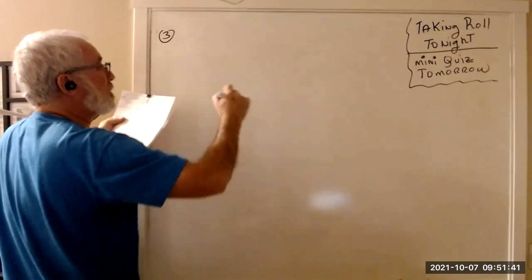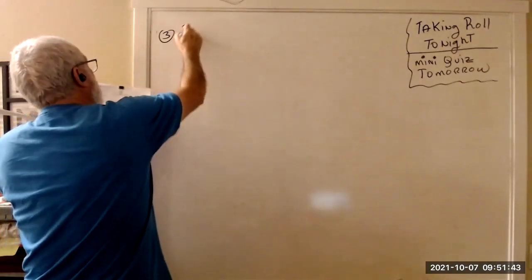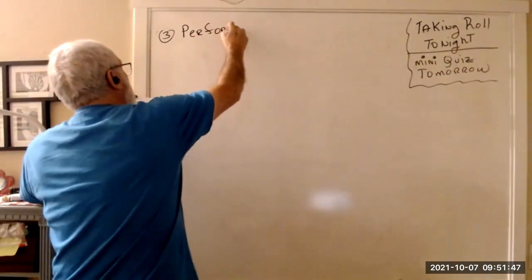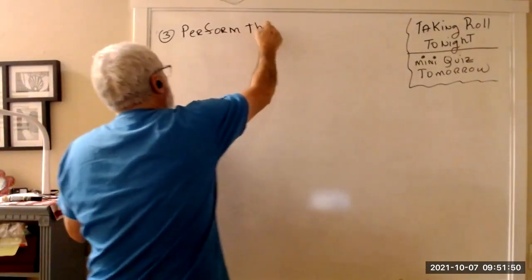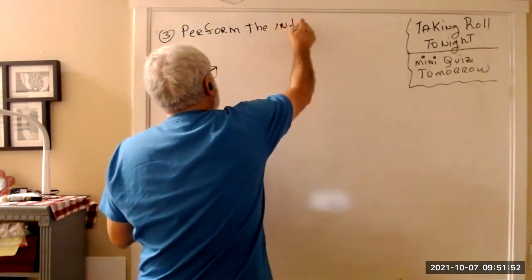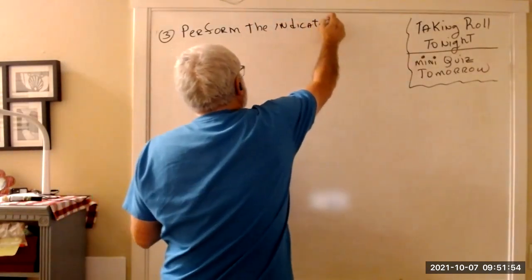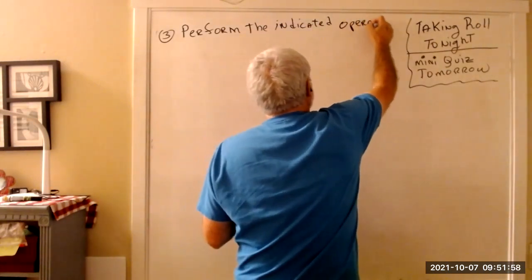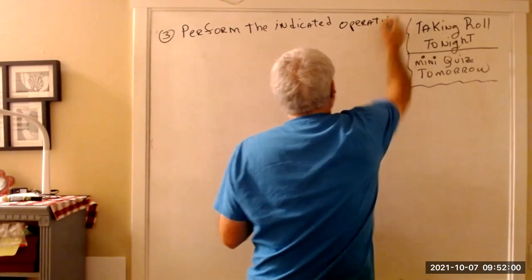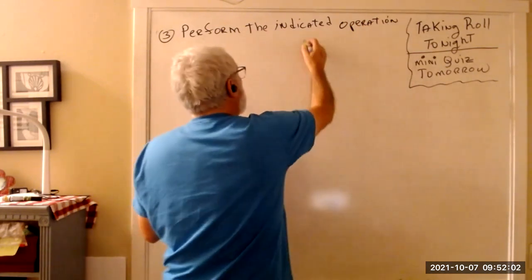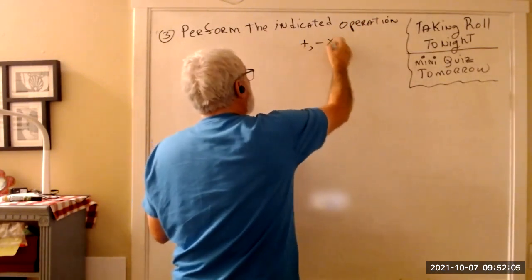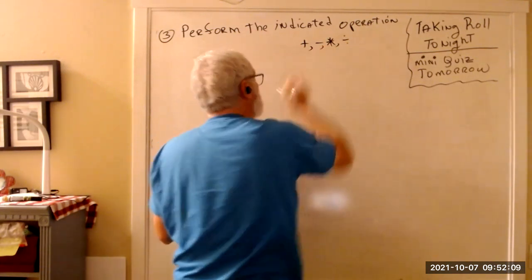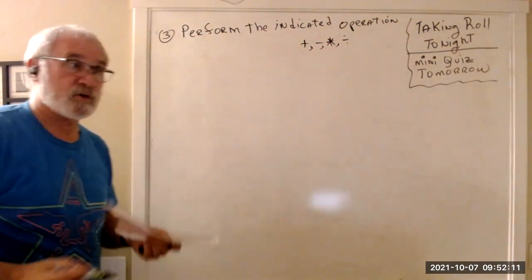And when I give you the exam, it will say perform the indicated operation. And in plain English, that means either add, subtract, multiply, or divide the fractions together, because that's what we're going to talk about eventually.